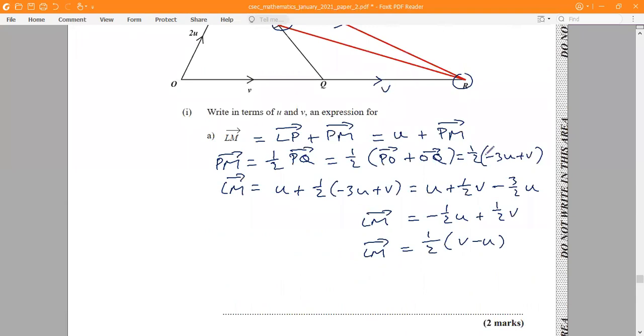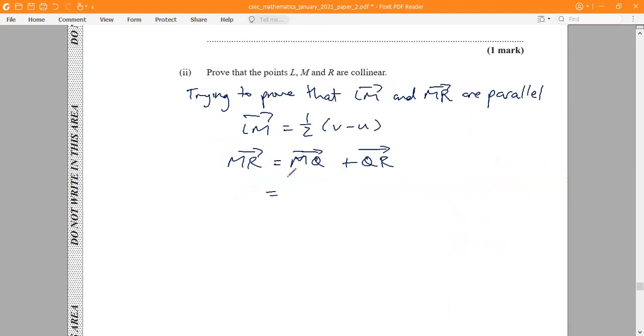So PM is equal to 1/2 times negative 3U plus V. Remember, MQ is equal to PM.